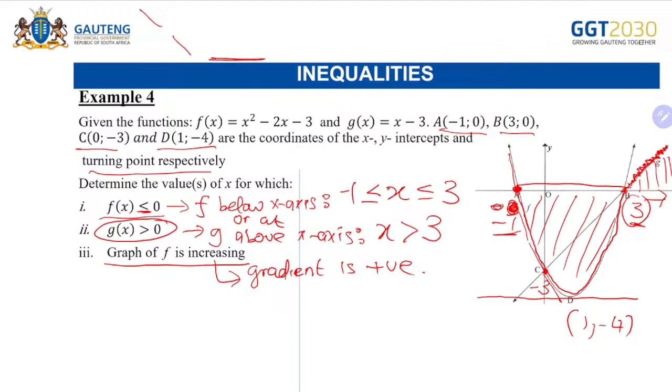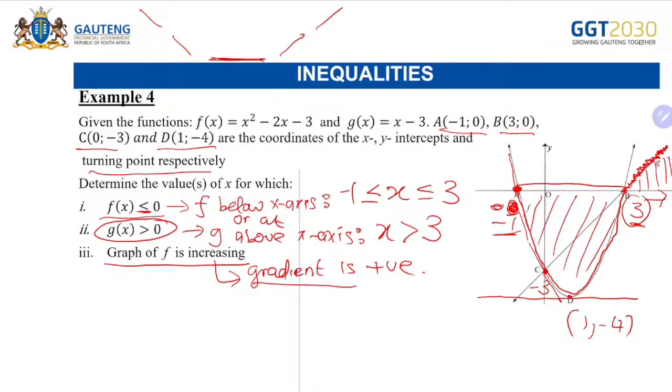At the turning point, the gradient is 0. After the turning point, you can see the graph is now increasing. So the gradient is now positive because the x values are increasing. We say the gradient is positive where the x values are increasing and the y values are increasing. So we say it's an increasing function because both x and y are increasing, or the gradient is positive.